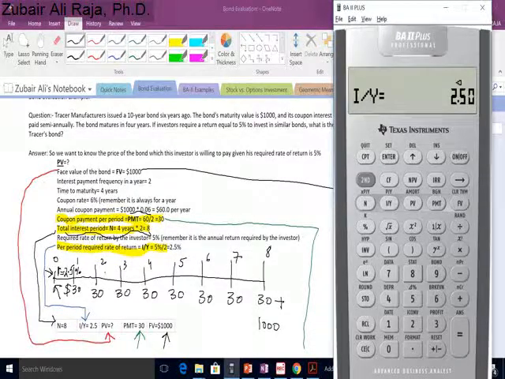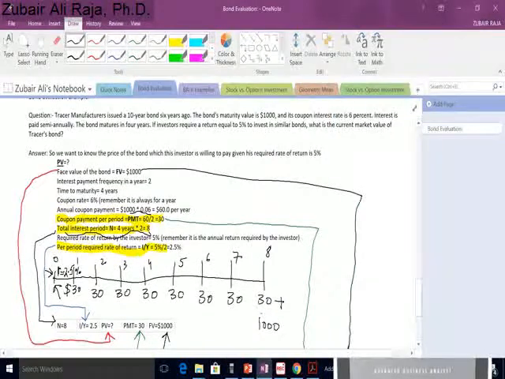So it's the same payment at equal intervals of time: $30, $30, $30, $30 after each 6 months. So this $30 will come over here, payment. Then finally, apart from these equal payments, in the last period we will also receive $1,000, which is the face value of this bond, and this is already given in the data.